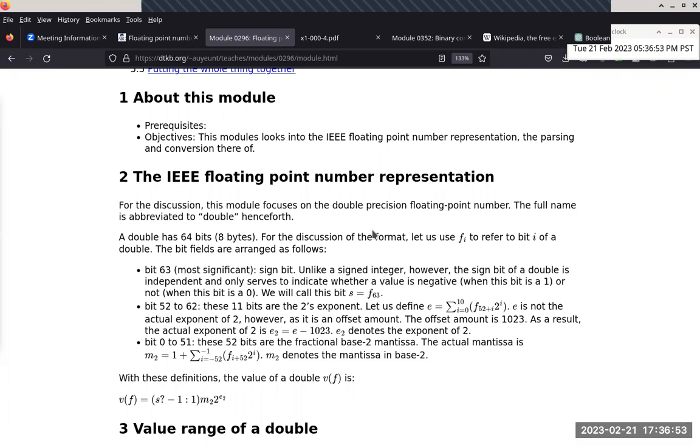All right, so the next 11 bits, bit 52 to bit 62. These are the next 11 bits counting from the left-hand side. These 11 bits are basically the exponent of 2. I'll explain later on what I mean by that. So we're going to define E, lowercase e, which is the exponent of base 2.